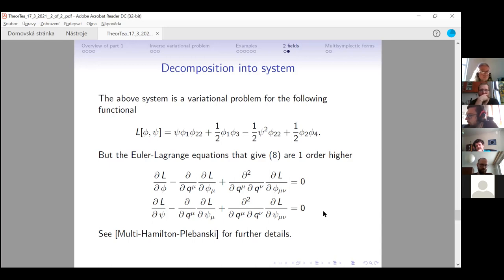I see, but I don't know whether it can be fixed somehow, or how it works for higher jets. I know that people are working with infinite jets, and I can recommend some papers.